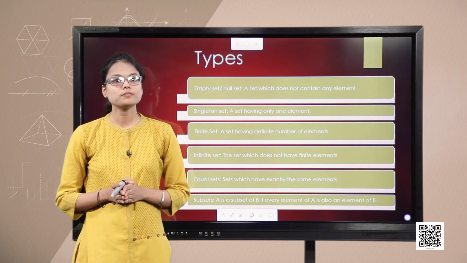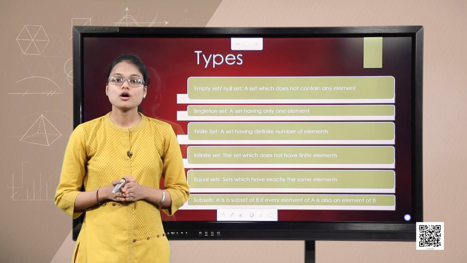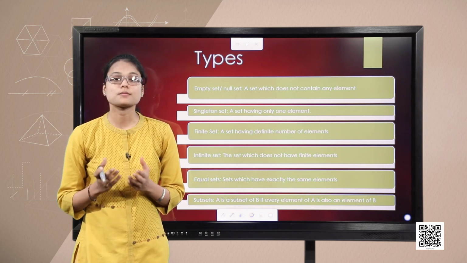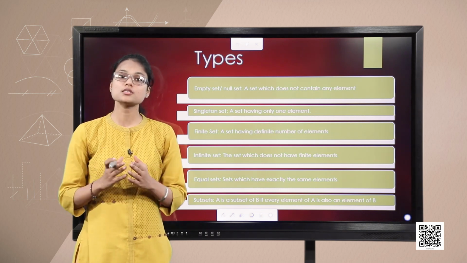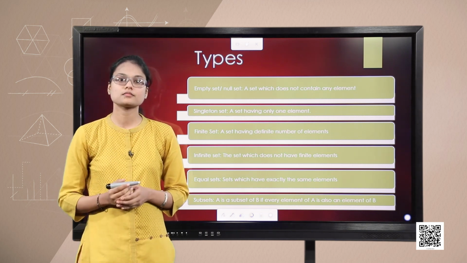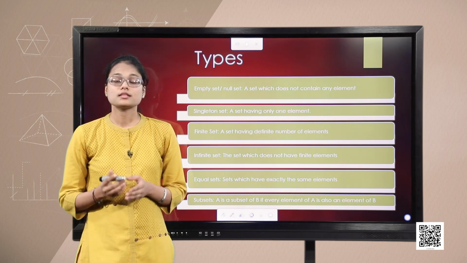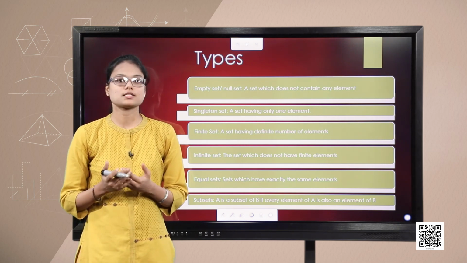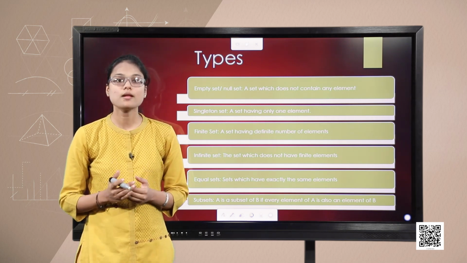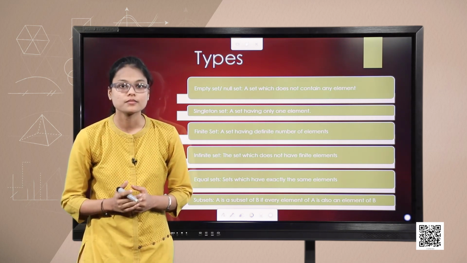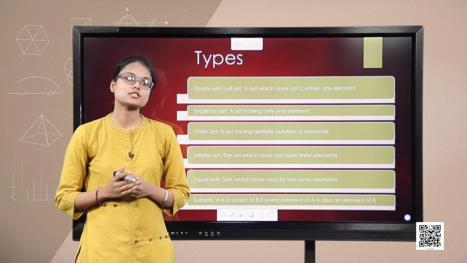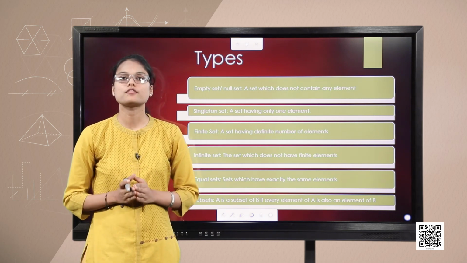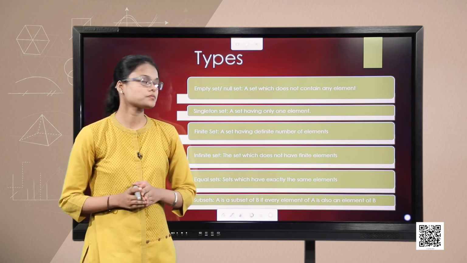For example, the set of all students in class 11th is a subset of the set of all students in your school, or the set of all children in your family is a subset of the set of all members in your family. Find more such examples and let us quickly recapitulate what we have done in this session.